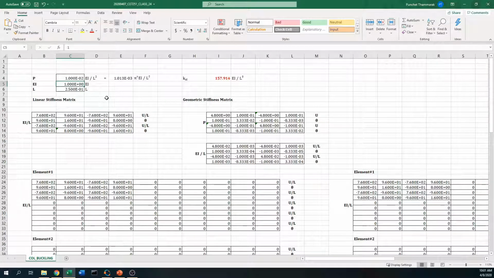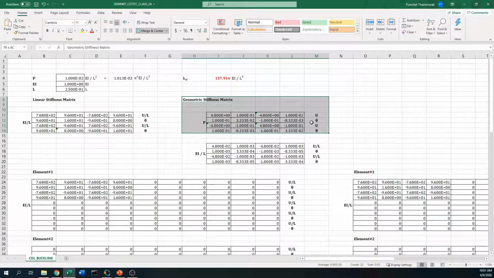When we make it small, it is like the case where you do not have the axial load in the column, so you do not have the second order effect, and the stiffnesses are provided. The first part is the linear stiffness of the column, and the second part is the geometric stiffness matrix.